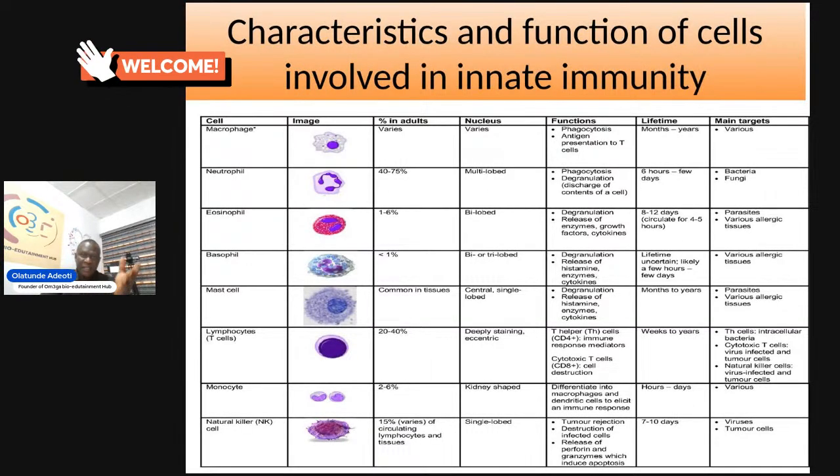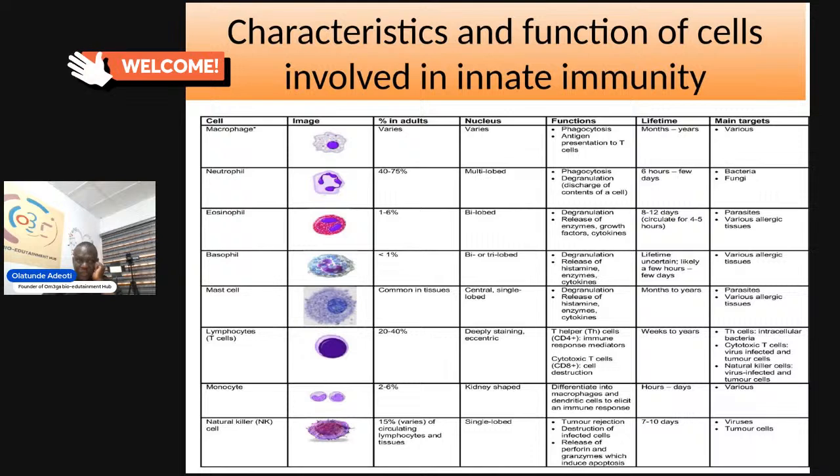Then this table is going to show us specifically the major components of the immune system. The cells include macrophages. This is the structure, and it accounts for various percentages in adults.